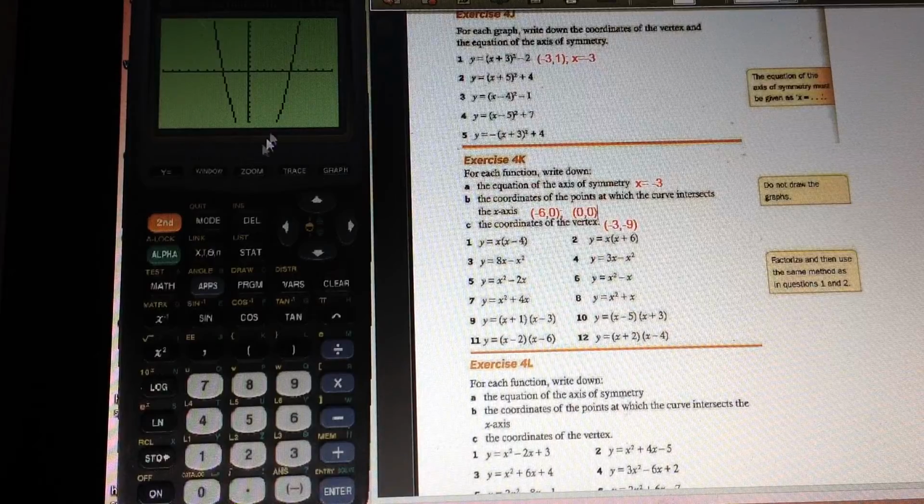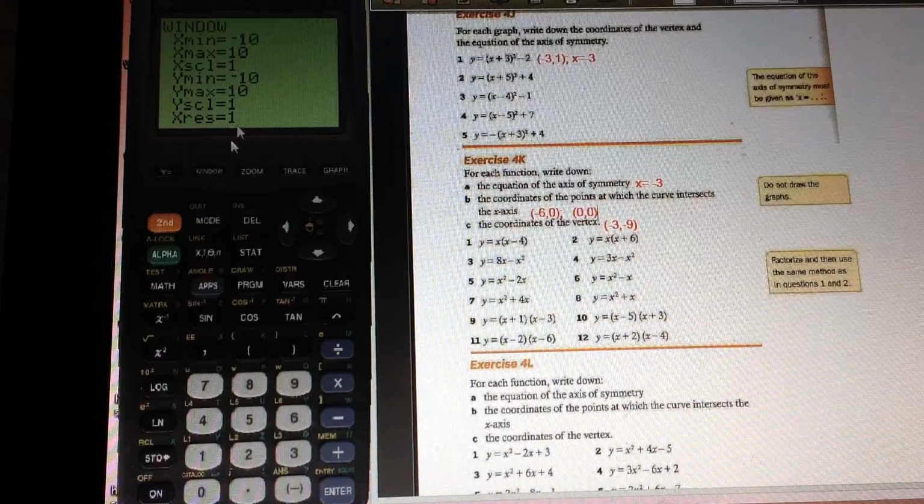Now this graph shows you it is big, and you still can see down here it's your minimum, your vertex, the lowest point. So you can go to window. Now since we want to show more for the negative y values, you can choose your y. Instead of -10, we can choose -30.